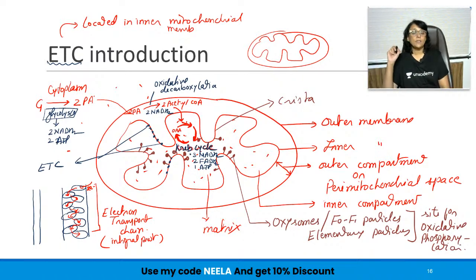And what is happening in oxidative phosphorylation is synthesis of ATP. That means this is the place where we will actually get ATP.